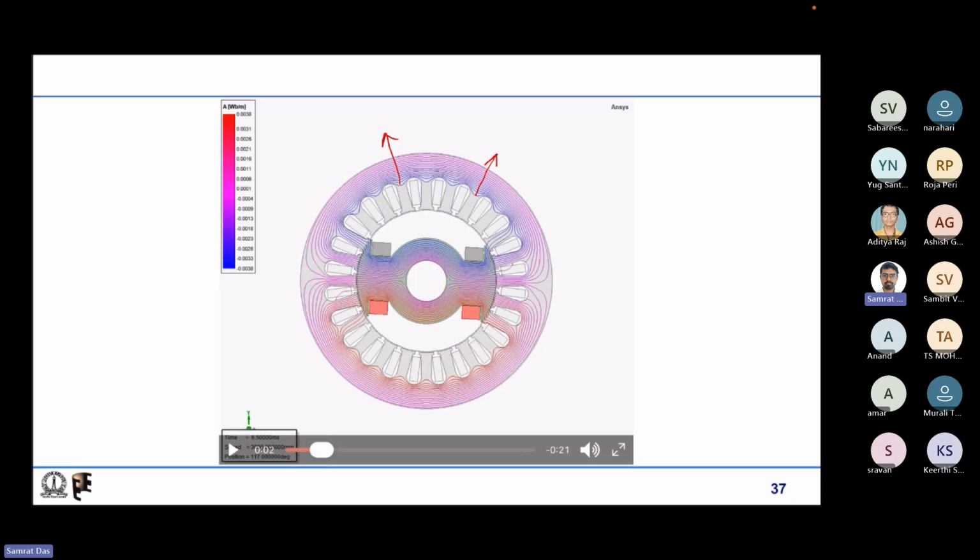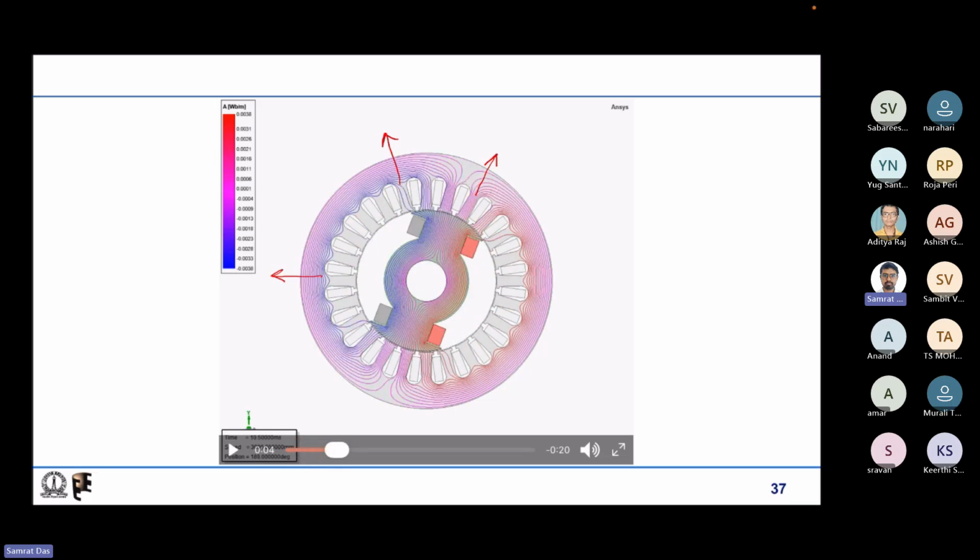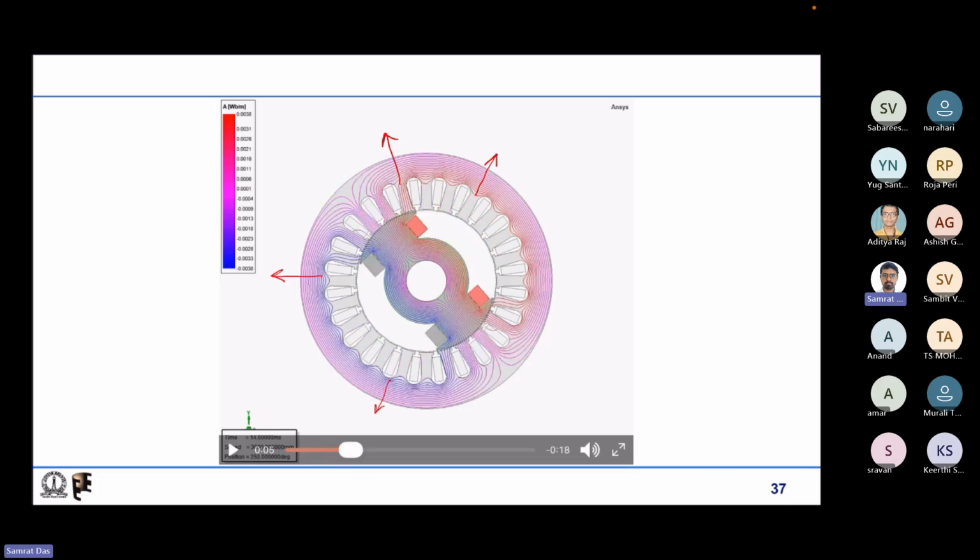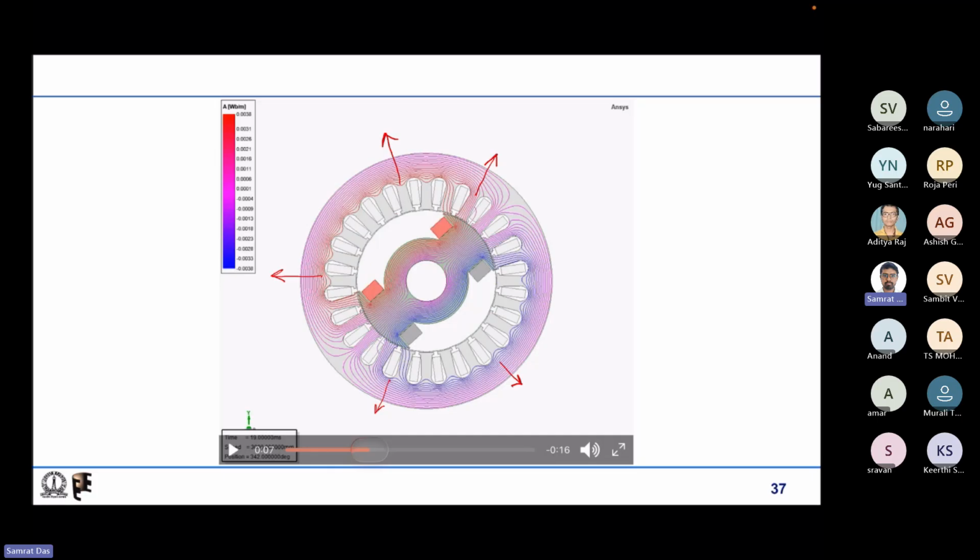Now further, if I move, the axis has shifted here. If further I move, the axis has shifted here. Here again the axis has shifted. So again, here at this point, the axis has come back to its zero position.